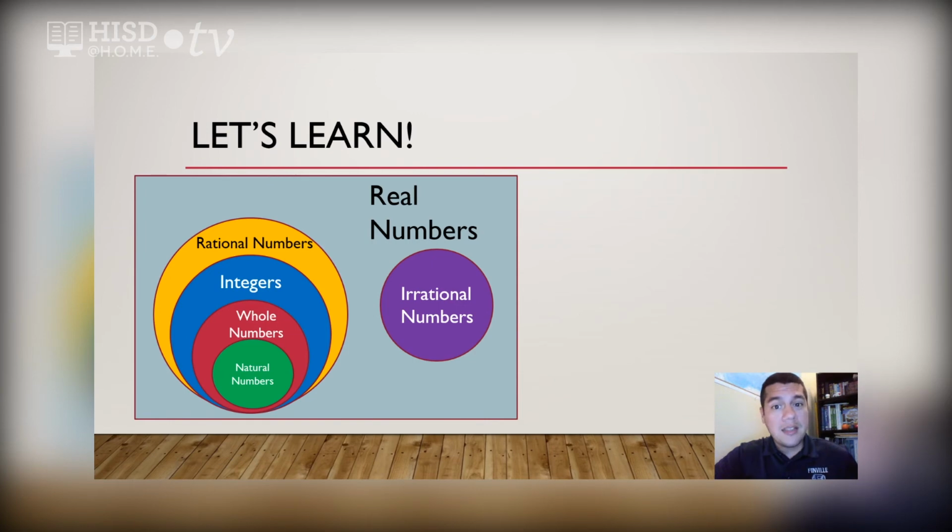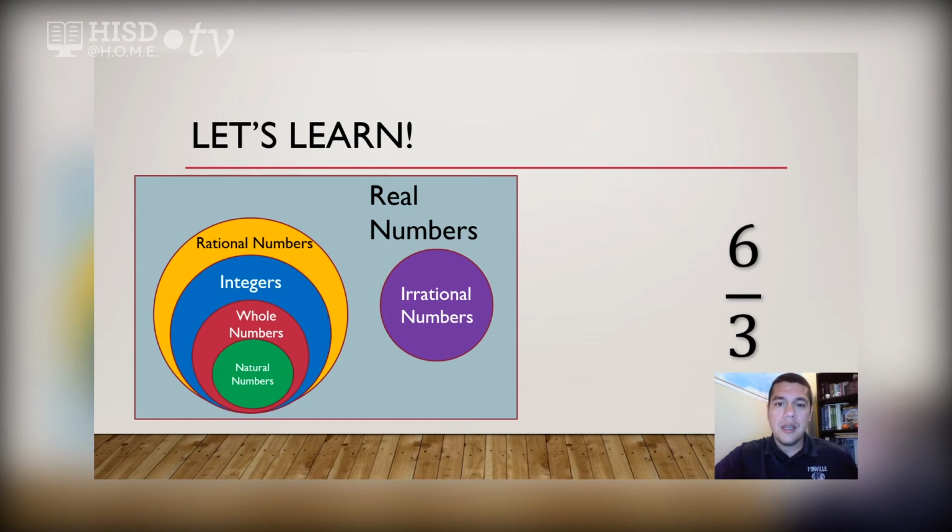Now our next number is going to be a little tricky, so make sure that you are paying attention and that you put all the notes that you need in order to remember this. So our number is 6/3.